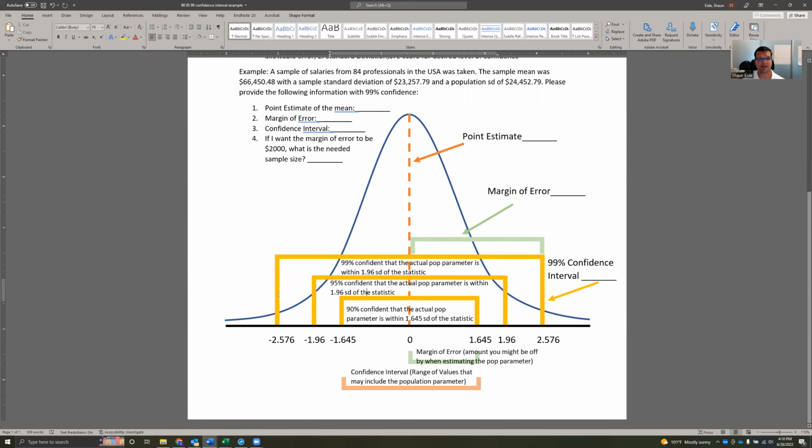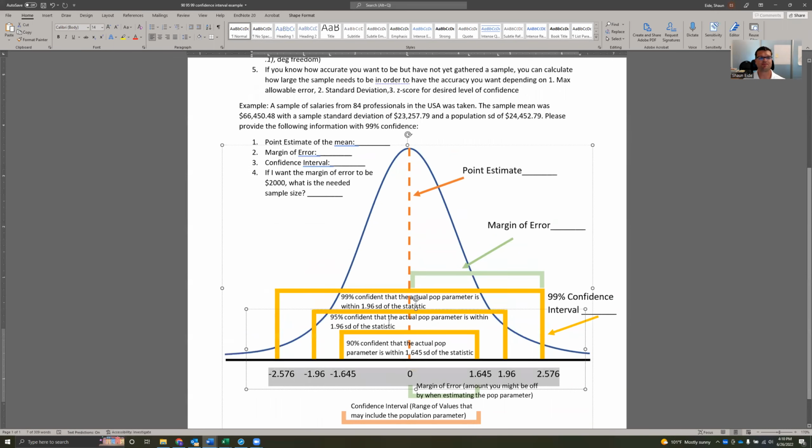I am 99% confident that it actually falls within this range. When you use z-scores, you're able to say plus or minus 1.645 standard deviations of the mean for 90%, 95% within 1.96 standard deviations of the mean, and I'm 99% confident that the actual population parameter is within 2.576 standard deviations of the mean.